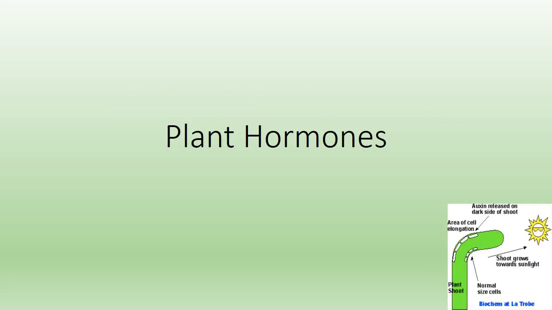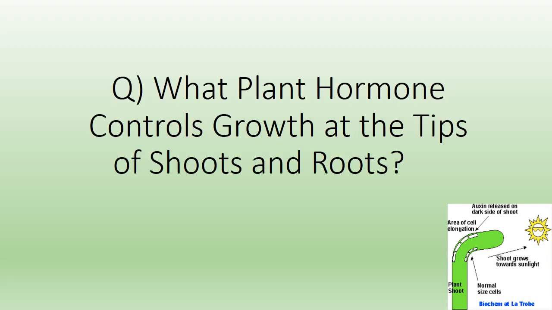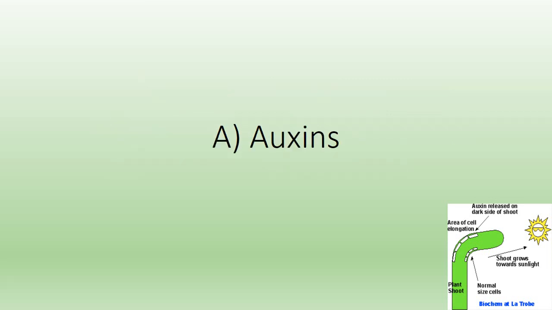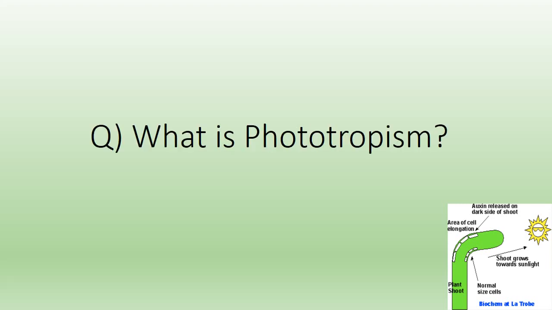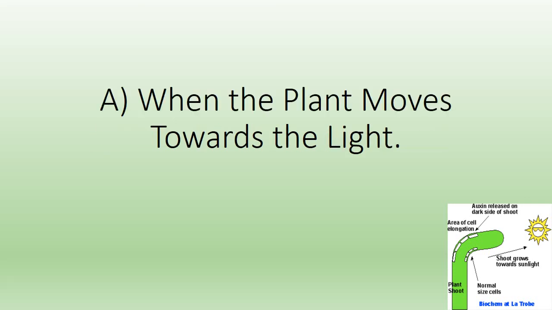Plant hormones. What plant hormone controls growth at the tips of shoots and roots? Auxins. What is phototropism? When the plant moves towards the light.